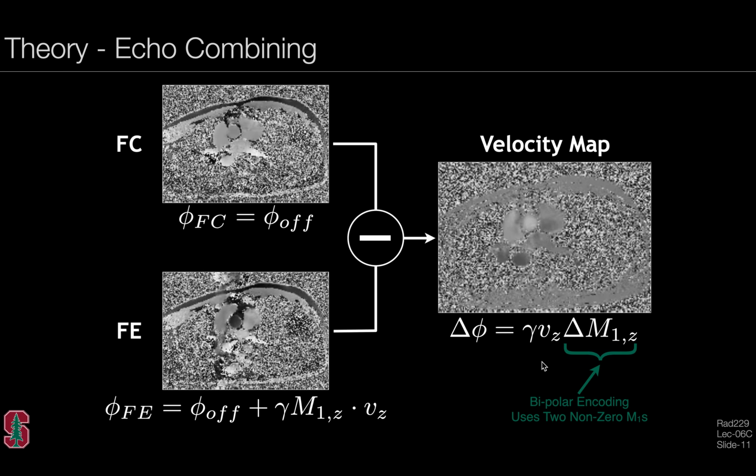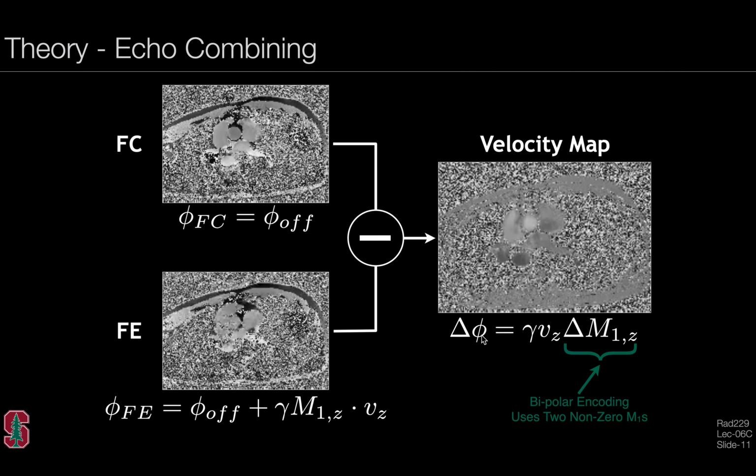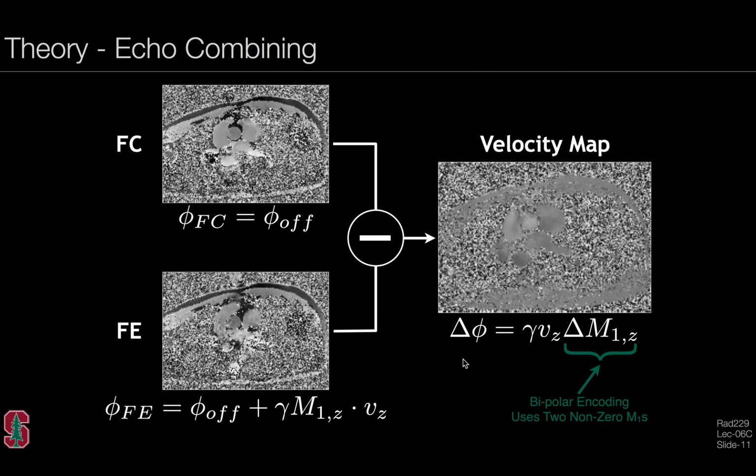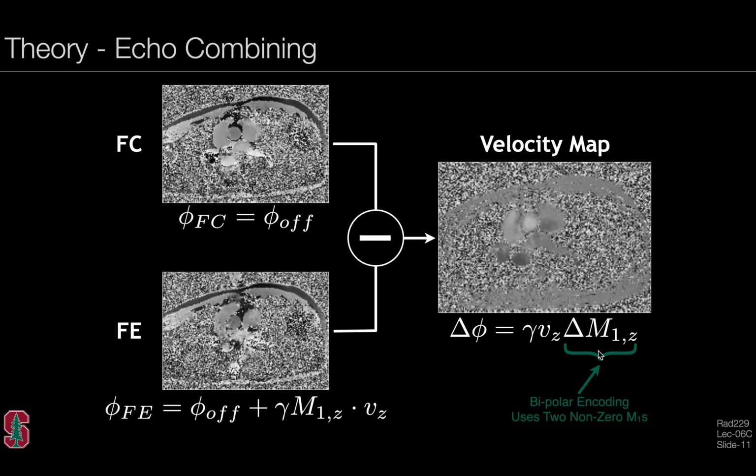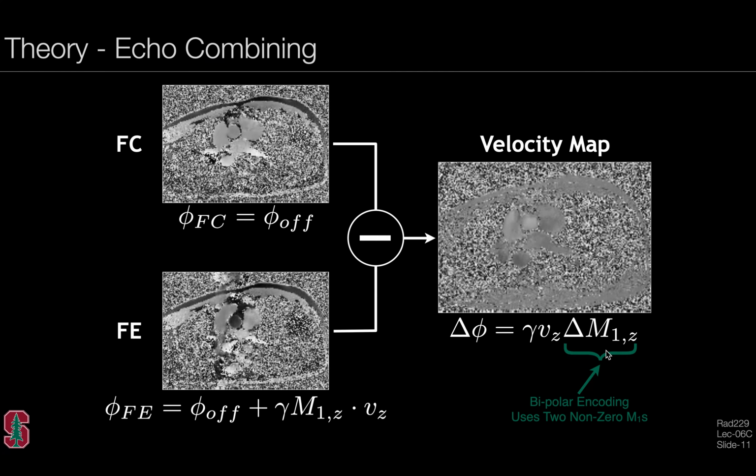And then the phase that will be observed in this velocity map depends, of course, on the underlying spin velocity and what we call the delta first moment.